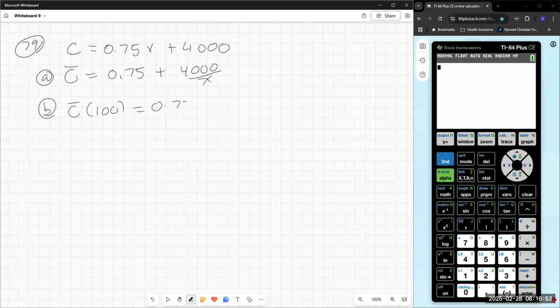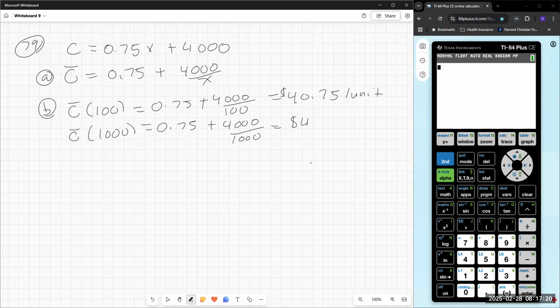It's 0.75 plus 4,000 over 100, which is 40.75, and this is dollars per unit of production. And then when X is 1,000, 0.75 plus 4,000 divided by 1,000 is 4.75.